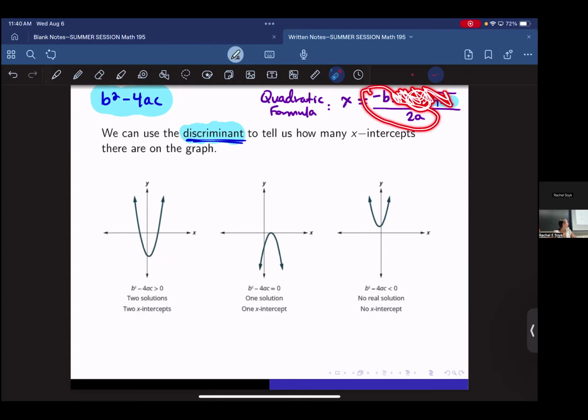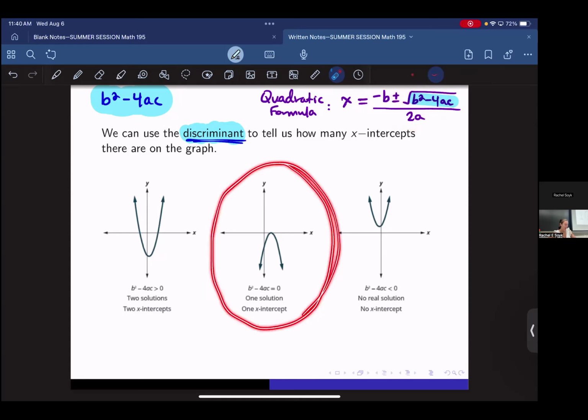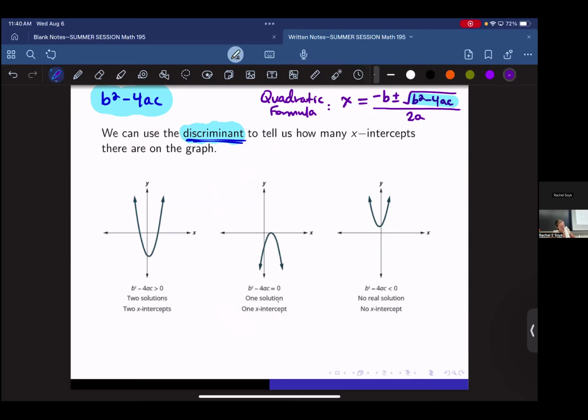And so that gives us our middle case here, where you have one solution, aka one x-intercept, but that solution is a multiplicity of 2. So I like to write one solution with the multiplicity of 2 because that root, that intercept, is being repeated twice.